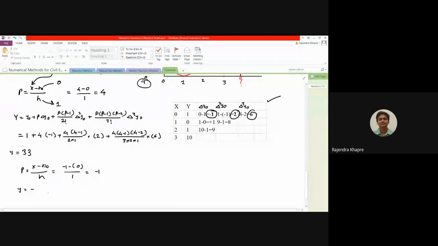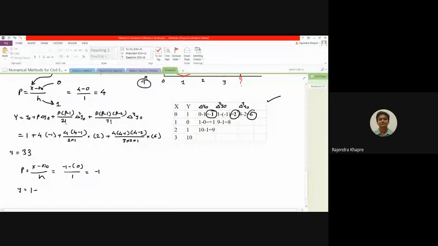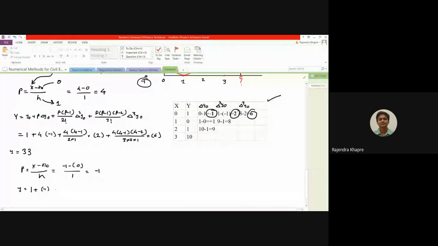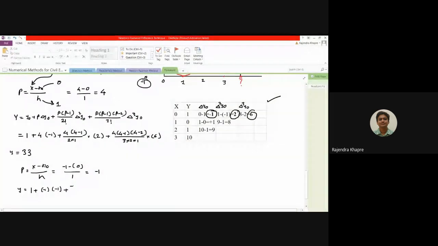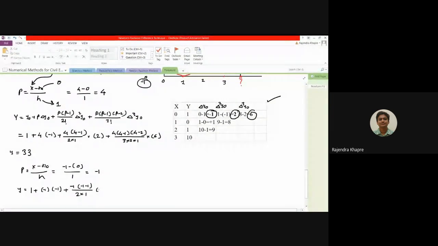So the y value: here y0 will remain the same, so y0 is 1. Plus p is going to become minus 1, and this delta y0 will remain the same, it does not change. Then we have p value minus 1 into minus 1 minus 1 divided by 2 factorial, which is 2 into 1, and this value is your 2.